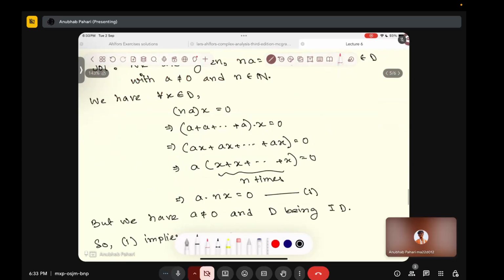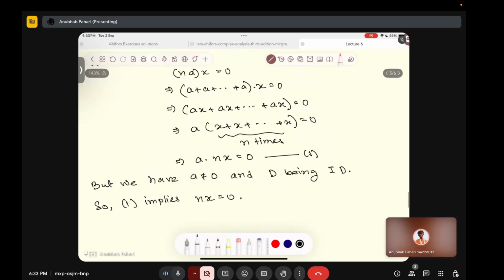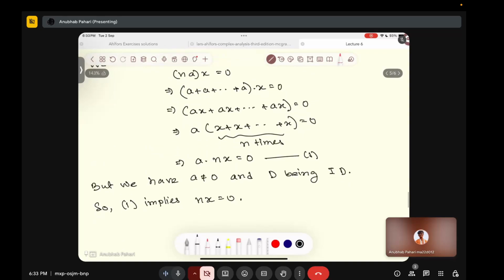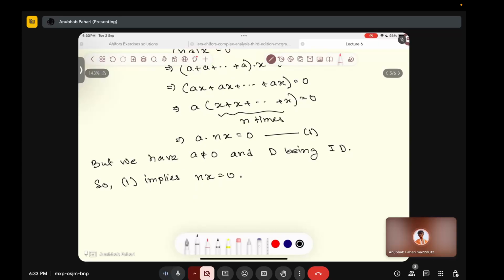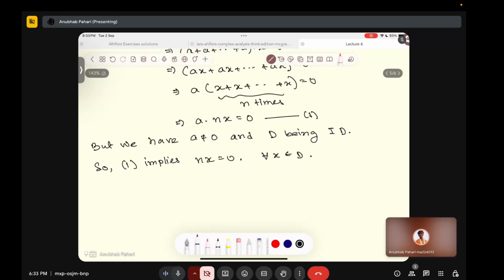For every x belongs to D, you managed to show that nx equals 0. So we have nx equals 0 for every x belongs to D. This shows that D is of finite characteristic.